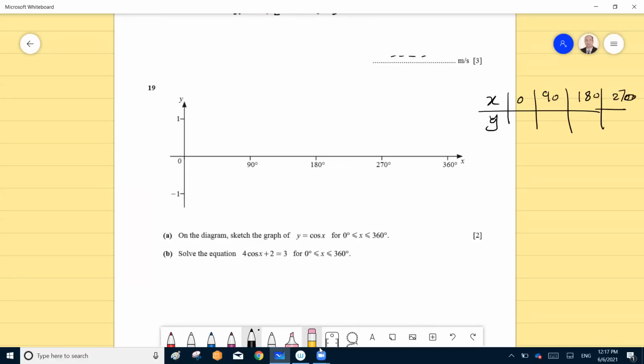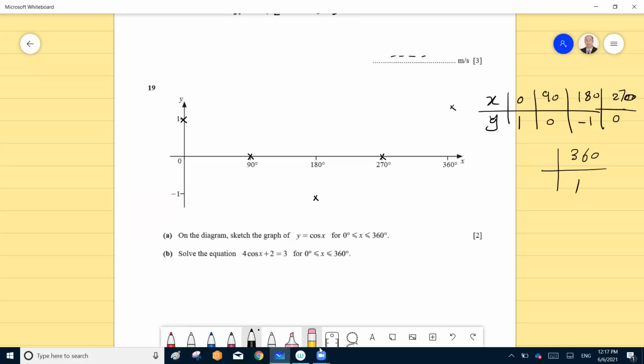By using a calculator, cosine 0 is 1, cosine 90 is 0, cosine 180 is negative 1, cosine 270 is 0 again, and finally cosine 360 is also 1. So you have the ordered pairs (0, 1), (90, 0), (180, -1), (270, 0), and (360, 1).